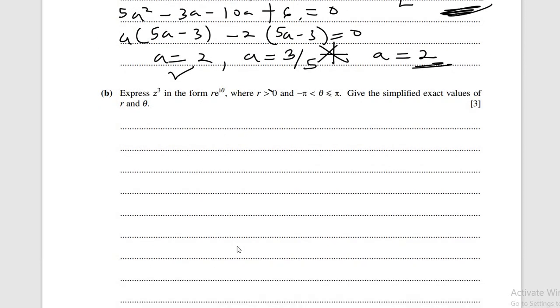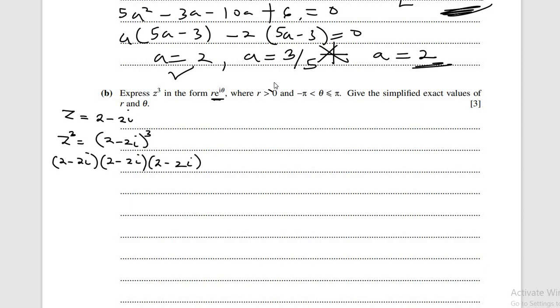The last part, which is b. Express z cubed in form of r e to the i theta. If you recall from the previous question, our z is 2 minus 2i. What is z cubed? Z cubed will be 2 minus 2i cubed. So 2 minus 2i times 2 minus 2i times 2 minus 2i.